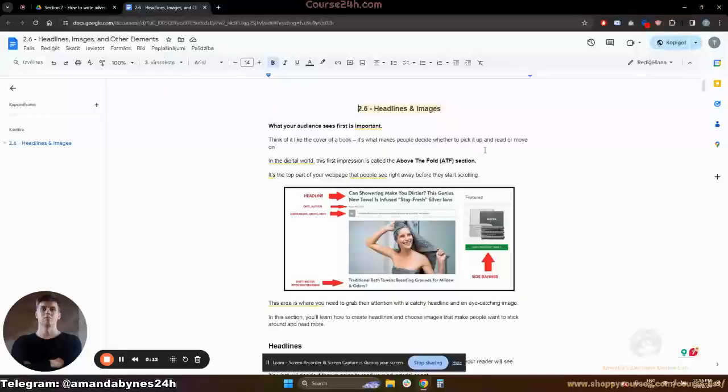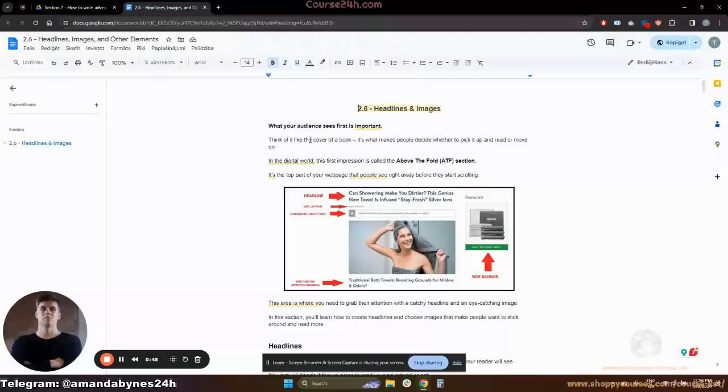This will cover everything from the headlines, sub-headlines, basically the whole above the fold section, and the images and sub-headlines to include throughout your editorial, and other engaging elements to break up your copy and make it easier to read and easier to understand, and for people who just scan through it all, quickly scrolling and reading sub-headlines, how to make it easy to consume and get the key points away.